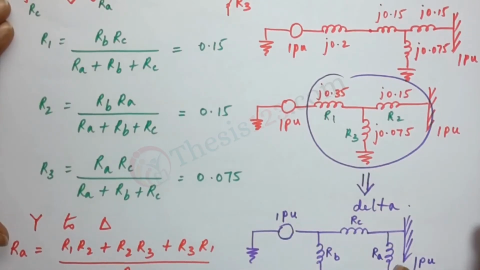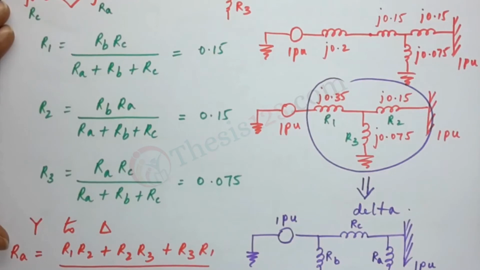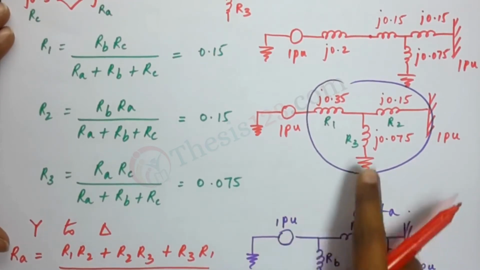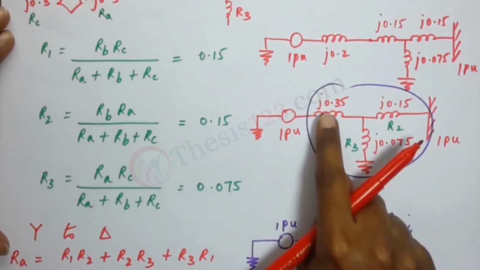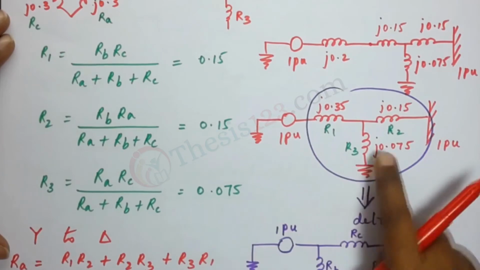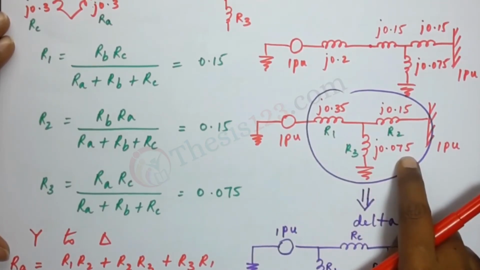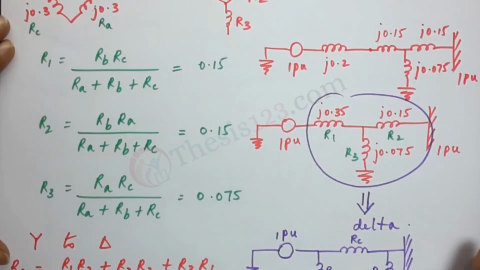Okay, so that's basically the formula. Once we have this formula, we can substitute the values from the previous equivalent circuit here. R1 is 0.35, R2 is 0.15, and R3 is 0.075. So we'll have the values of RA, RB, and RC.